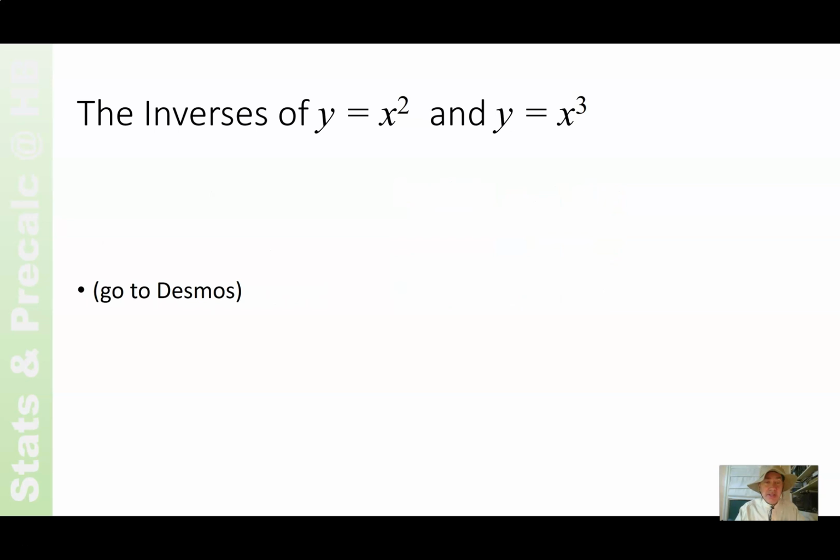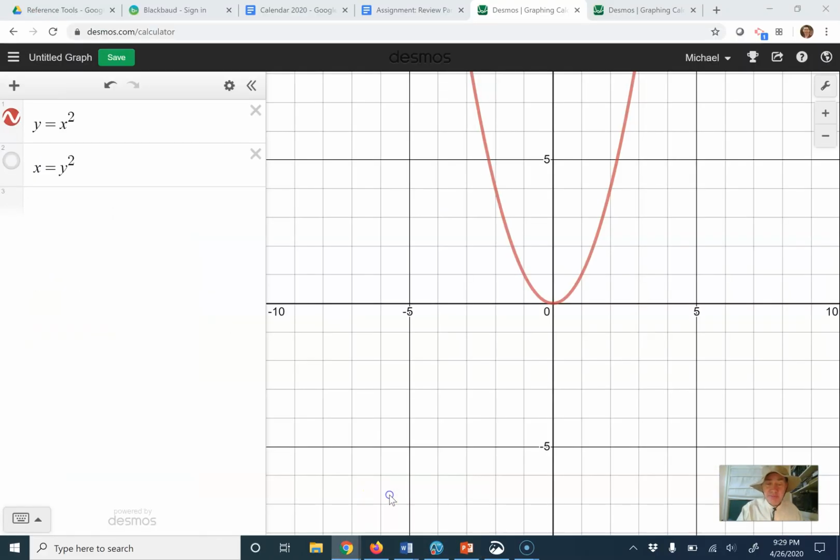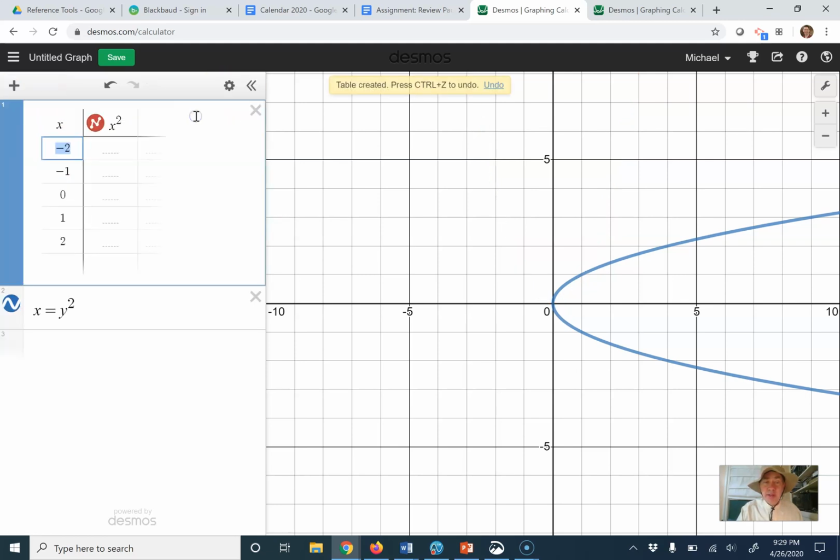Let's take a look at what it looks like on Desmos. Let's look at these graphs. Here is y equals x squared. The inverse, if you switch x and y, looks like so. X equals y squared is the new equation. Notice the points. The points on this graph, -2, 4, -1, 1, 0, 0, 1, 1, 2, 4, all points that you're familiar with.